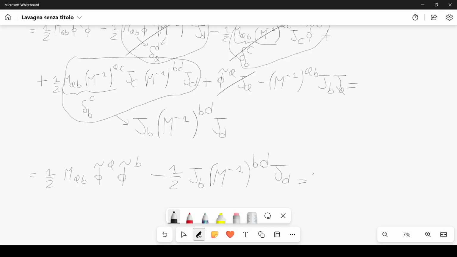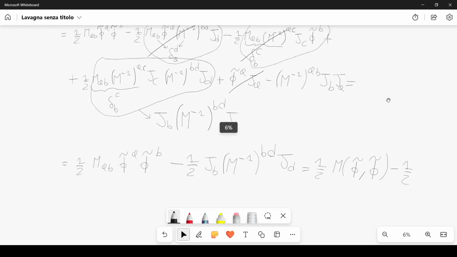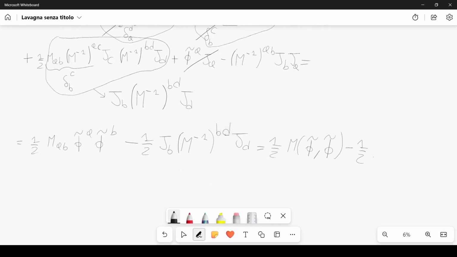So we can also write this as 1/2 M phi tilde, and then minus 1/2 M inverse JJ, like this.